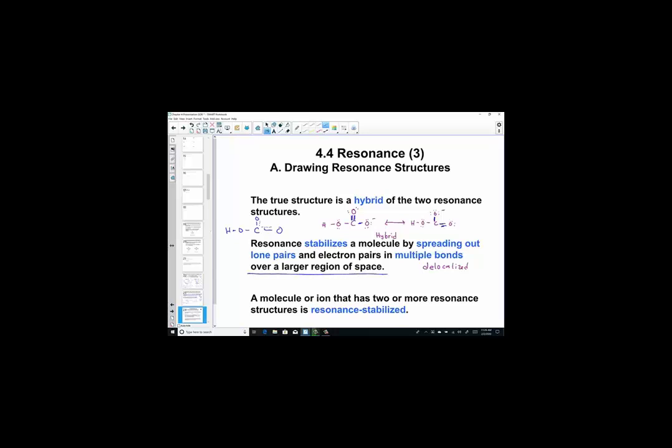So it's got a larger region of space that it's spending time with. The true shared pair goes equally between the oxygen up top and the oxygen to the right at the same time. A delocalized electron set.